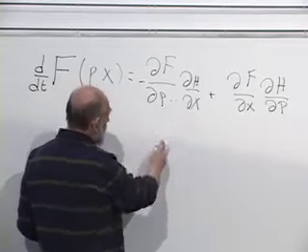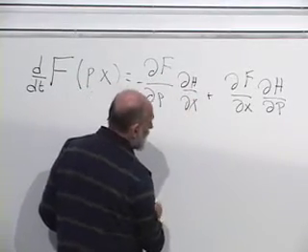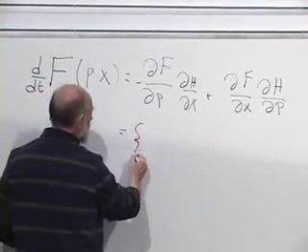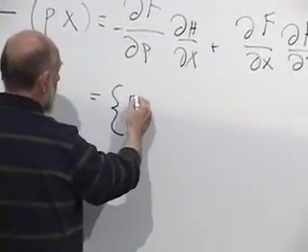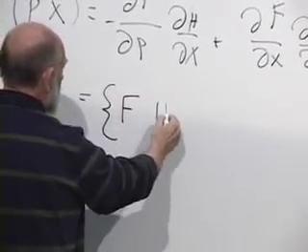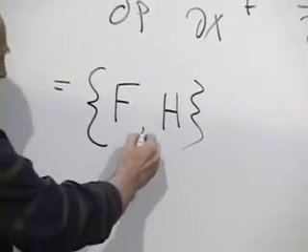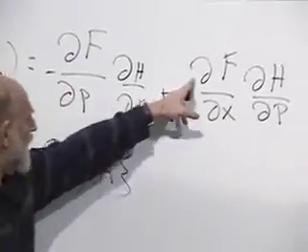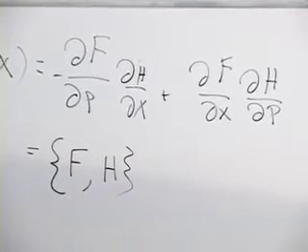This is the Poisson bracket of f with h, and we would write this, the Poisson bracket of f with h. And the definition of the Poisson bracket of two objects is just this particular combination, the df by dx, dh by dp, and so forth. You can read it yourself, given any two things.